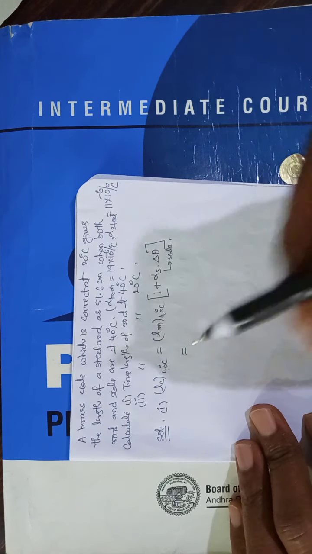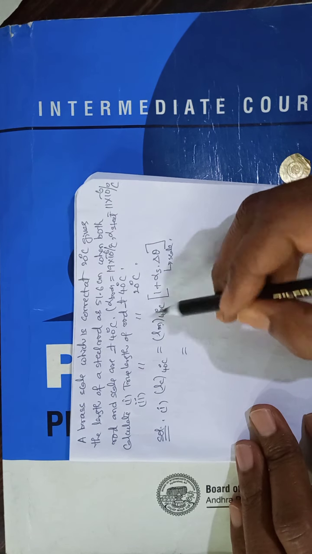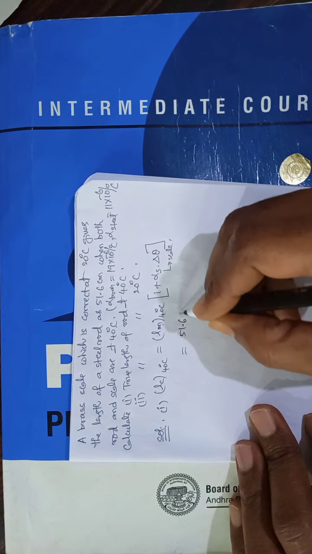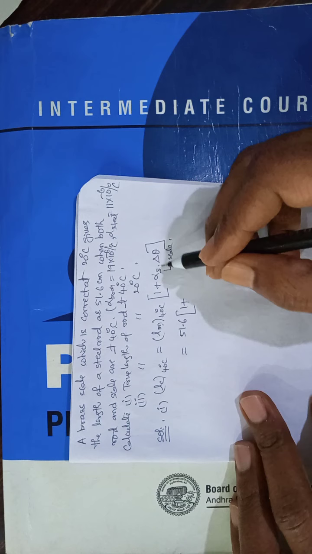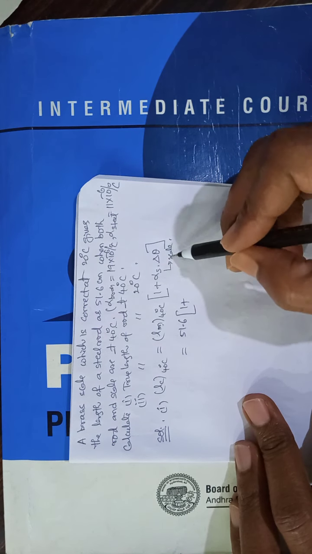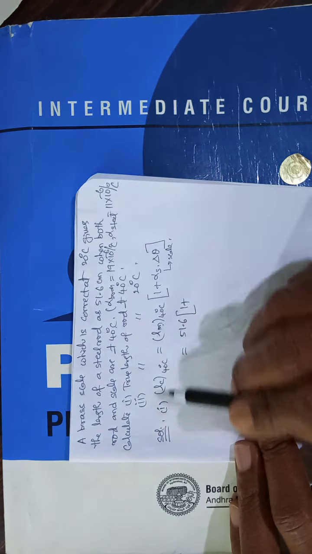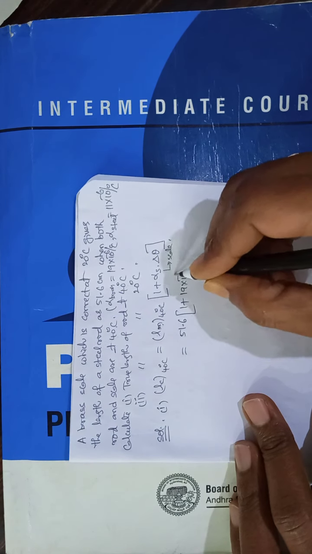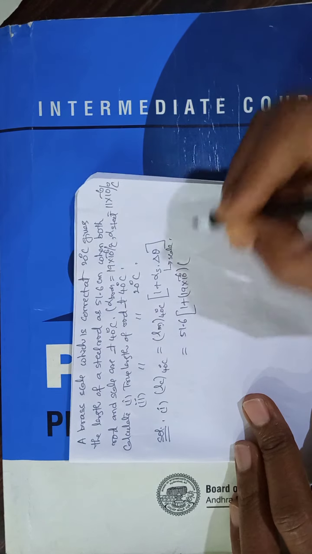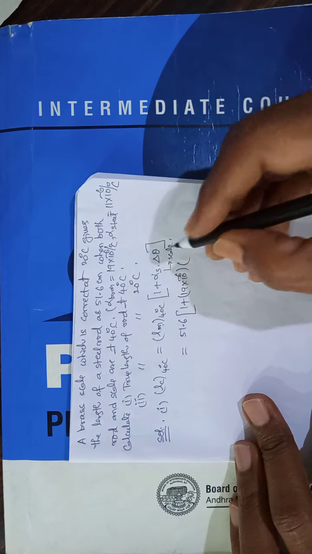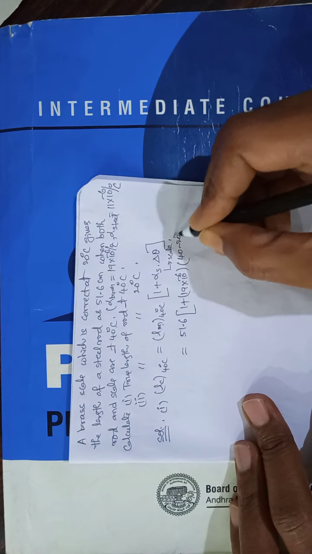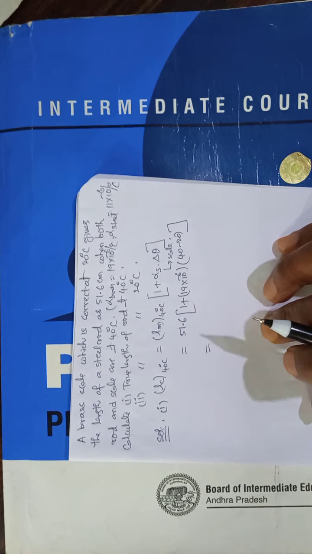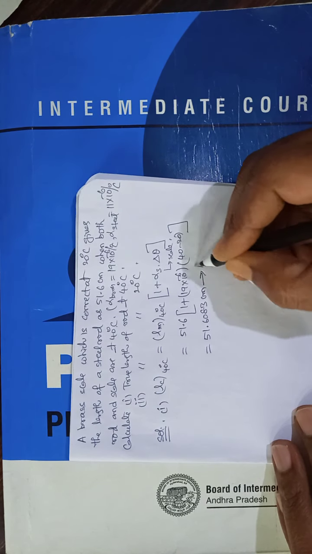That is, the measured length at 40 degrees centigrade is 51.6. The scale material is brass, and the change in temperature is 40 minus 20. We got one answer.